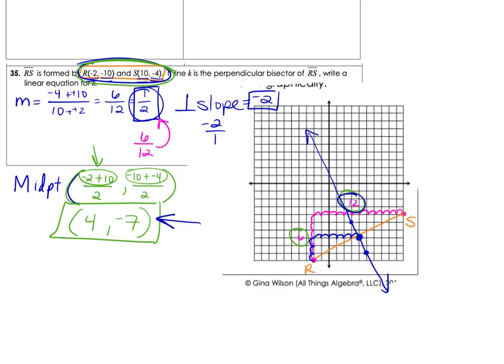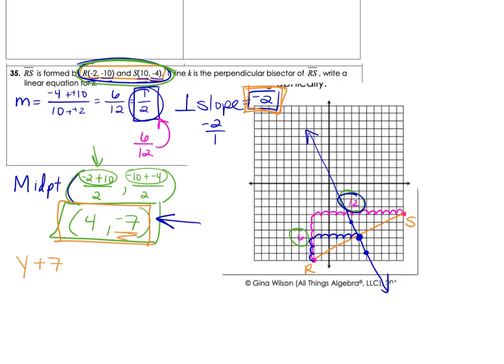But you do have to give me the equation of that line. So if you're taking a point and a slope, you can put that into point slope form. Remember, point slope form is y minus a -7.